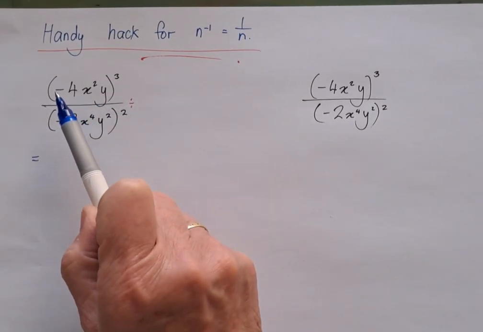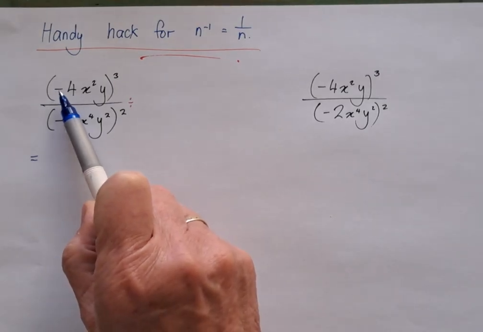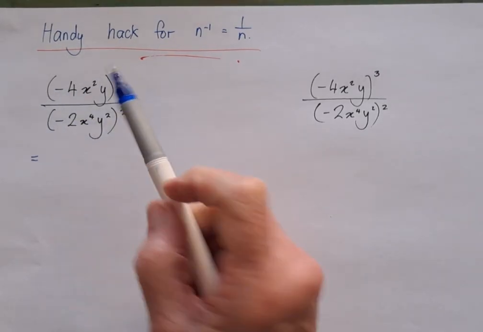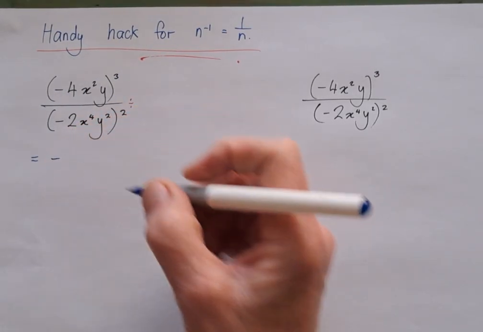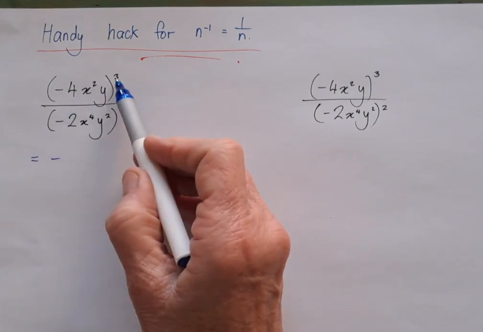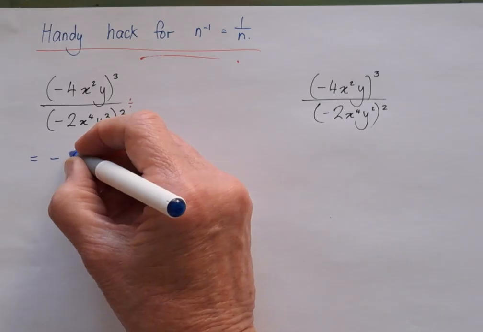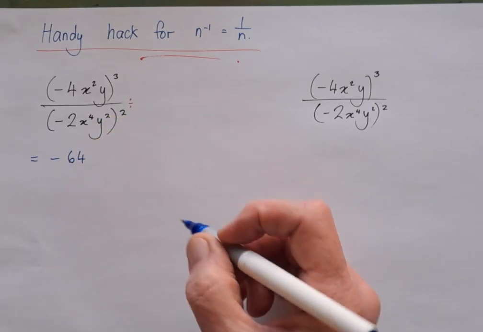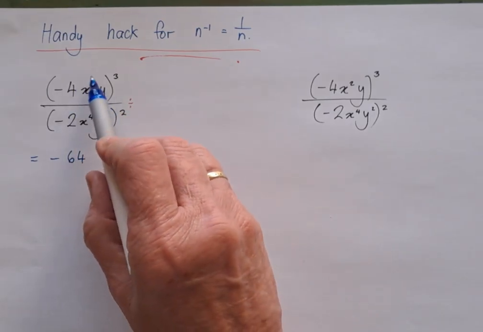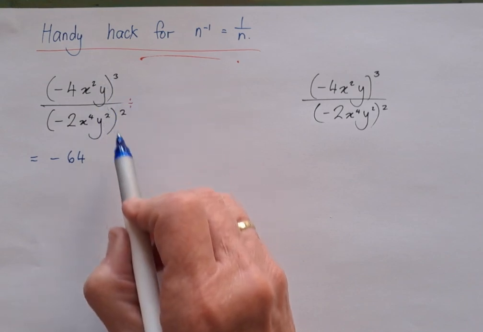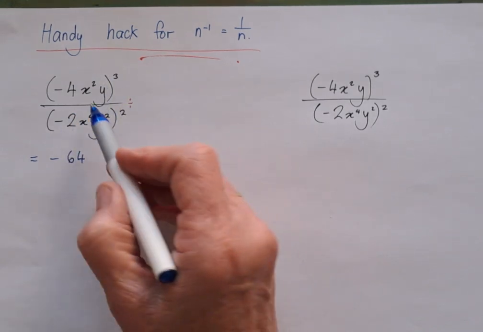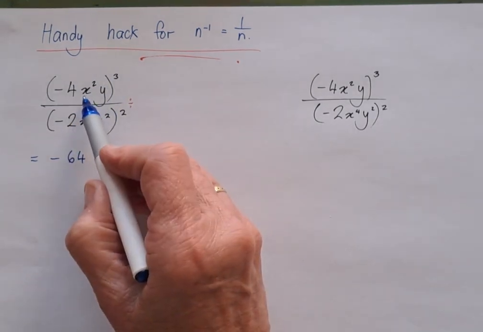First of all, if we are raising a negative to an odd power, then it's going to remain negative. 4 to the power of 3, or 4 cubed, means 4 times 4 times 4, which is 64. Remember here, I'm raising a power to a power, so the way to spot that is that there's only one base of x.